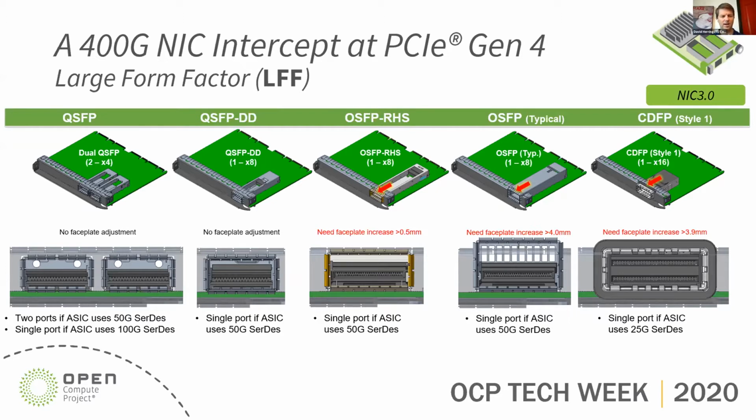There's no change in height required for the form factors themselves. But as we start to consider the OSFP riding heatsink, the typical OSFP, and the CDFP, we can see that these external I/O interfaces themselves start to exceed the envelope of the faceplate, and so it may require a taller faceplate to accommodate it.